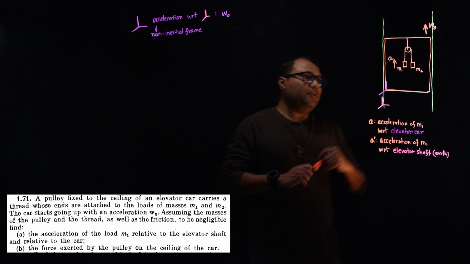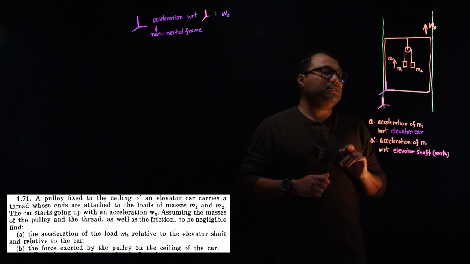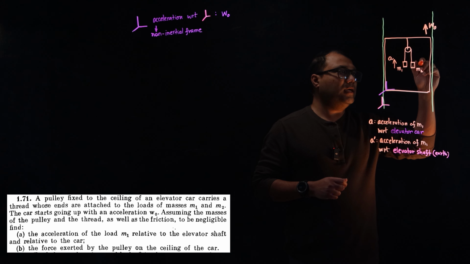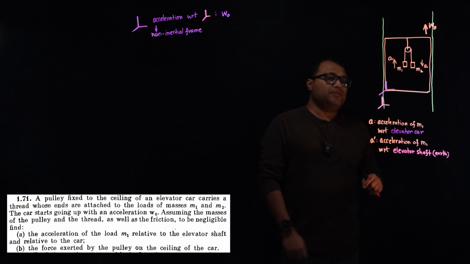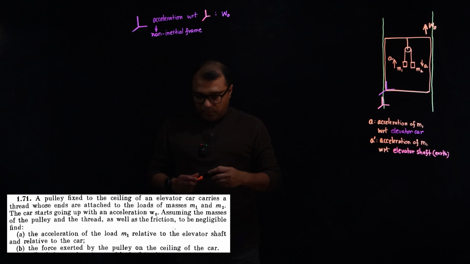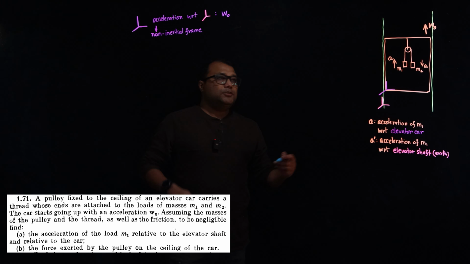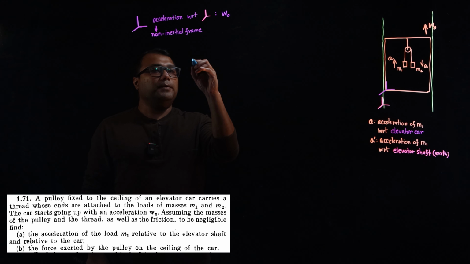So if m1 is going up with acceleration a in this reference frame, m2 will go down with the same acceleration a in the same reference frame because it is a continuous string. So let us draw the free body diagram of m1.